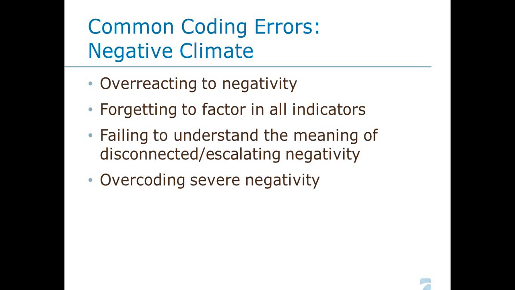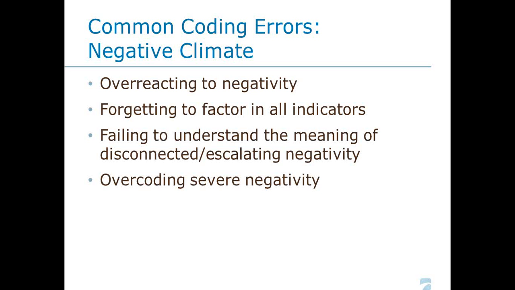So common coding errors for negative climate. One of the things we often see is if the teacher is showing any negativity at all, coders will overscore. You need to keep the negativity in perspective and remember that to score higher than a 3, the negative climate really has to be quite bad. Some negativity will lead to a 2 or a 3 score, and in fact, because there's not a score of 0, you can also see a little bit of negativity and code a 1.